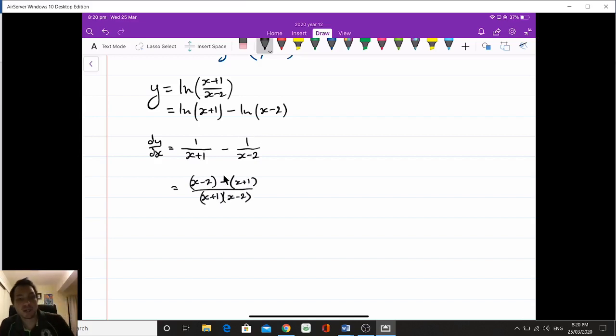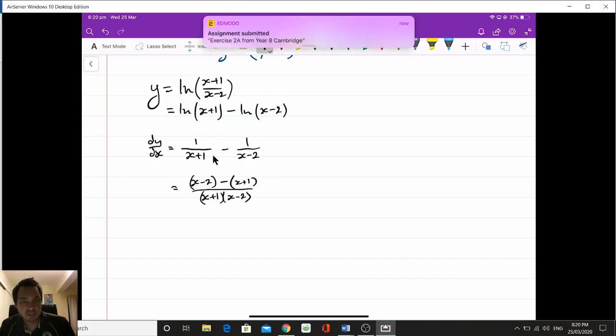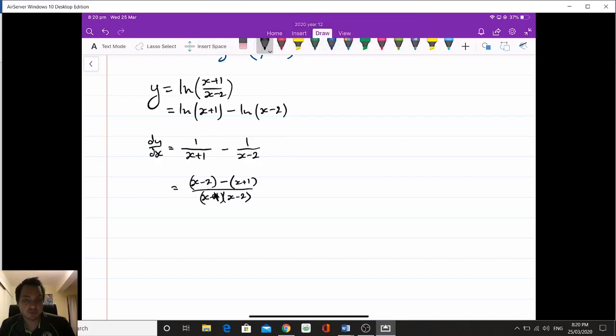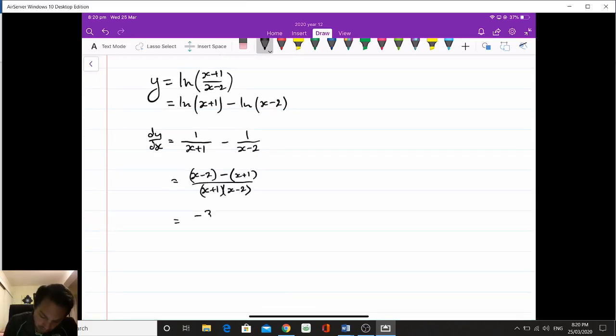You could do that the slow way, multiplying this by (x minus 2) over (x minus 2) and the other by (x plus 1) over (x plus 1), but I'll just put it like this, and now I can see that x minus x cancels out in the numerator, and then it's negative 2 minus 1, so negative 3 over (x plus 1)(x minus 2).